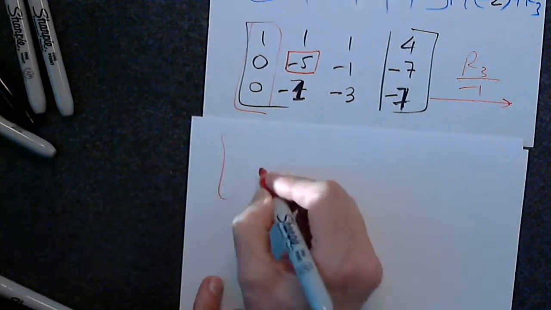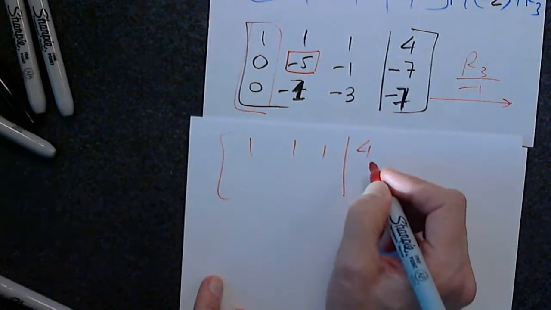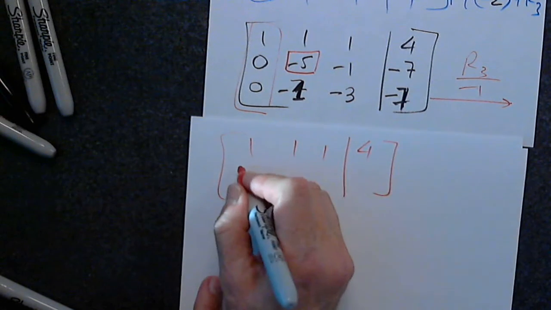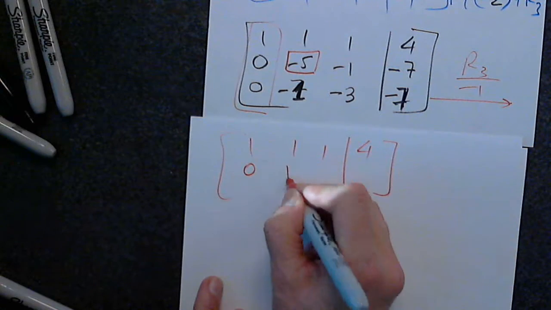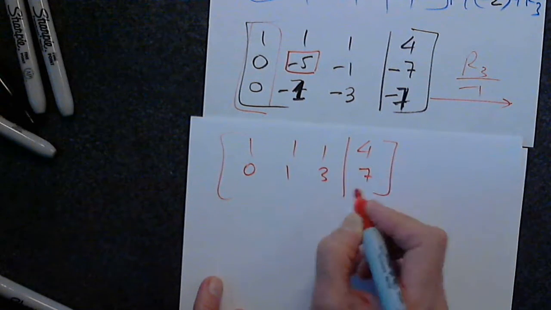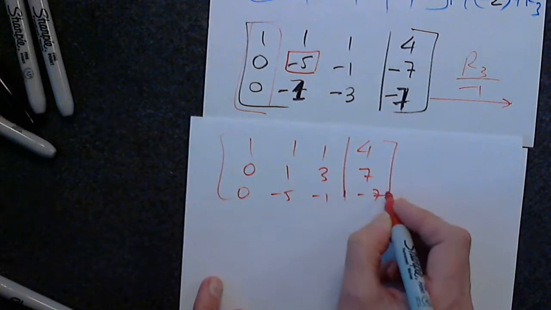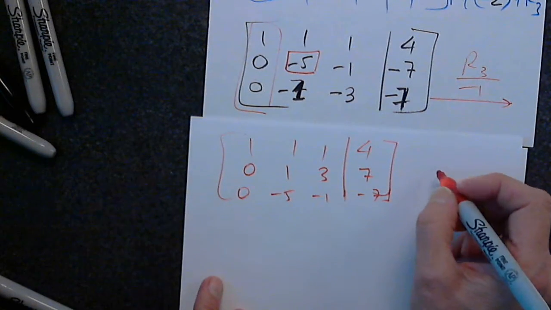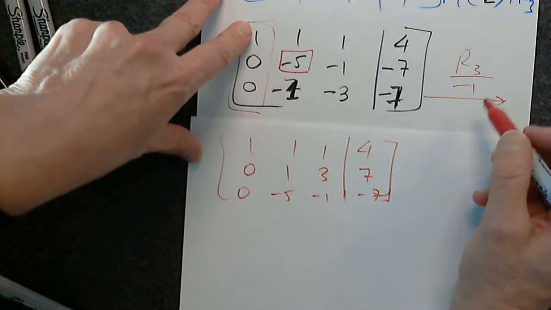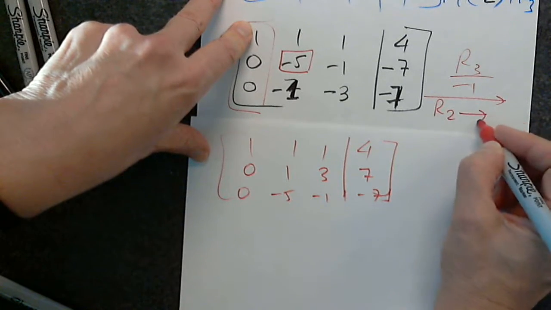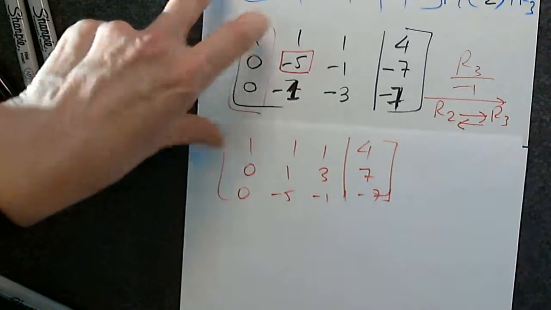And I have 1, 1, 1, and 4. Then 0, 1, 3, 7. And then 0, negative 5, negative 1, negative 7. So we divided row 3 by negative 1, and we made row 2 into row 3, and row 3 into row 2.